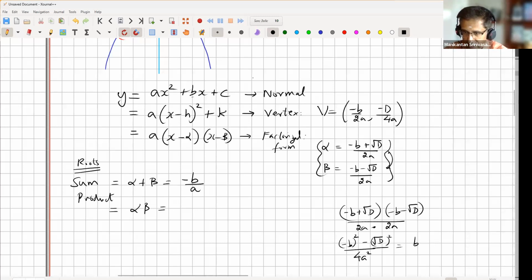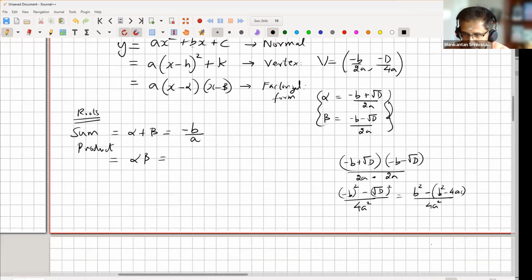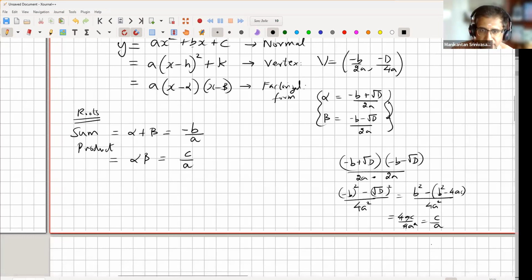So it's b square minus d, and d itself is b square minus 4ac. Okay, so b square gets cancelled, which is 4ac upon 4a square. So 4a gets cancelled, leaving c by a. So the product of roots is c by a.